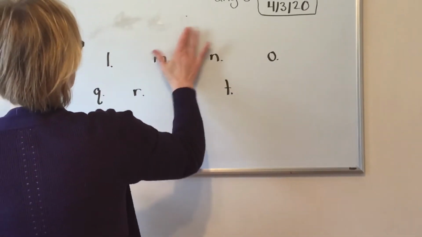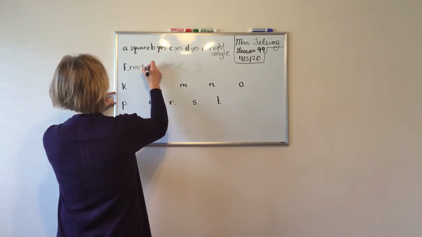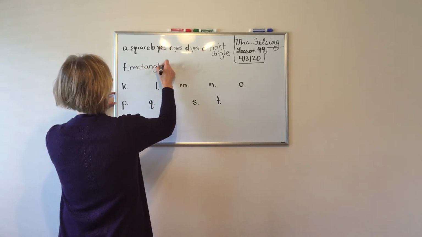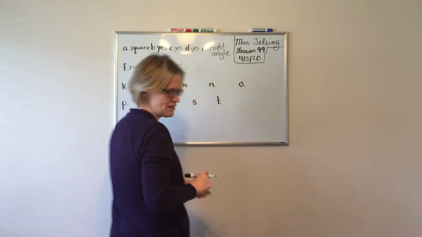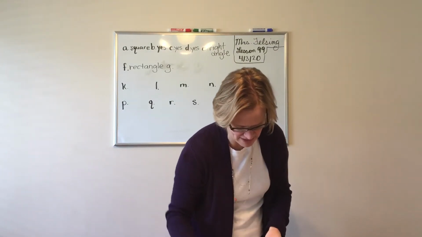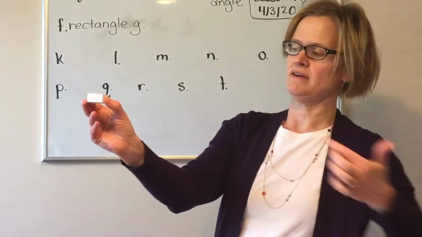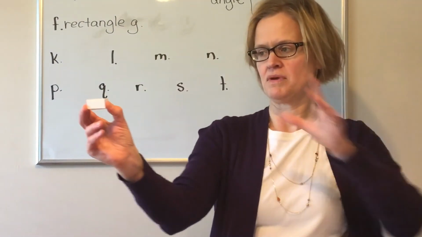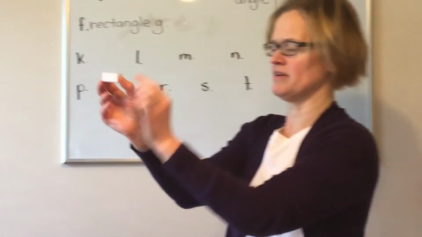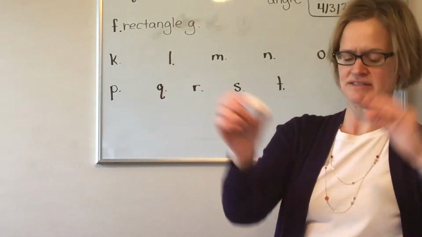I'm going to move this over a little bit because we're going to need some more room. Look at letter G. Is each face parallel to the opposite face? Same question. Here's this one, here's the opposite one. As you know, they're going this way, or you even did top and bottom. Are they parallel? Yes.